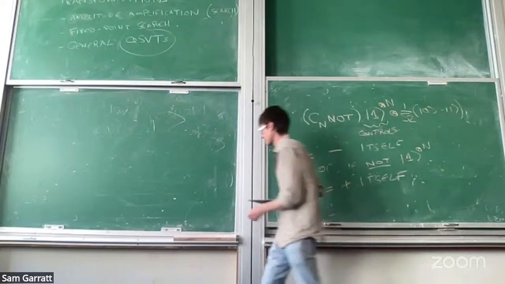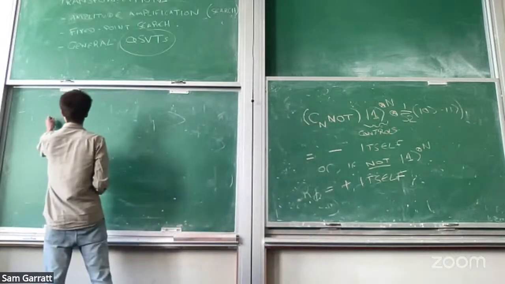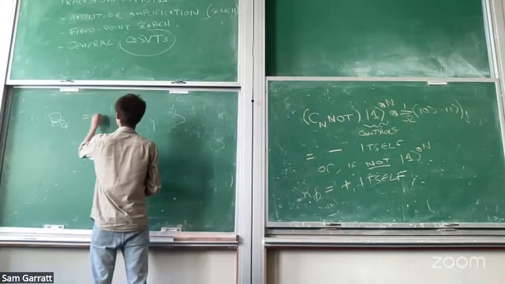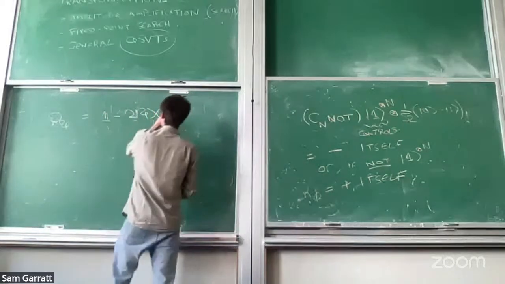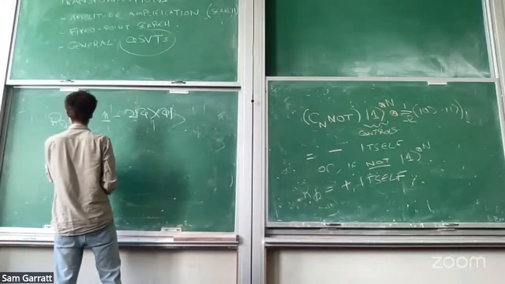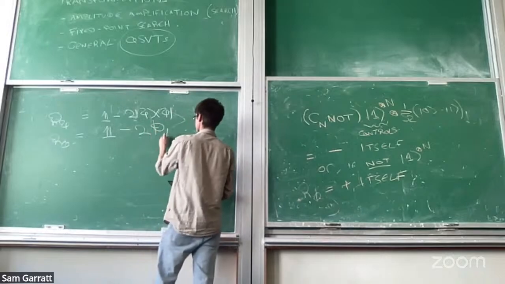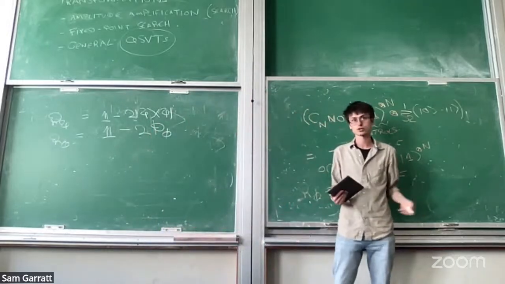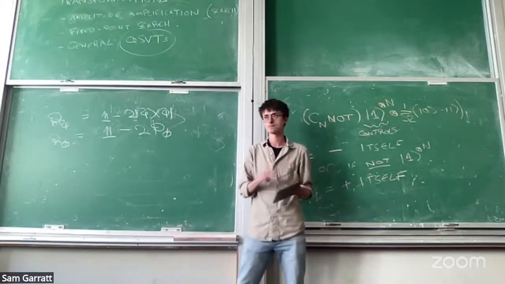Okay, so the geometric picture is then pretty simple. What we have is our two reflection operators, R psi, and we also have a reflection operator around the target space. And so what we're going to do is imagine decomposing our initial quantum state into a component that's in the target space and not in the target space, okay?